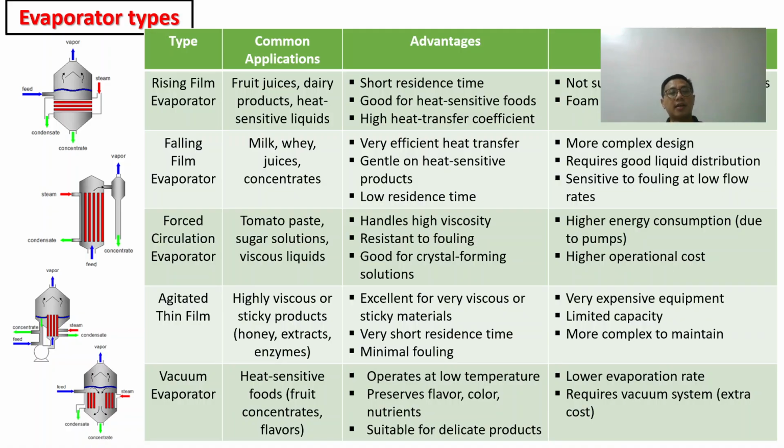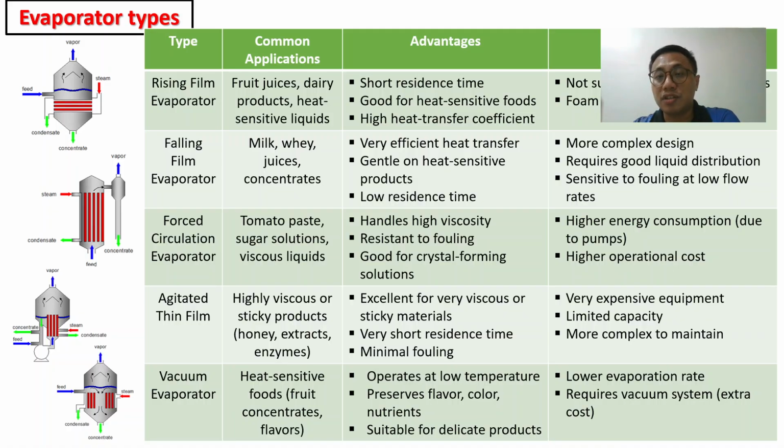Now the second type is called the falling film evaporator. You can see in the diagram here, liquid is falling through, forming a film on the tube. It's commonly used for milk, whey, juices, and concentrates of different types of herbal extract or any plant extract or any other juice.